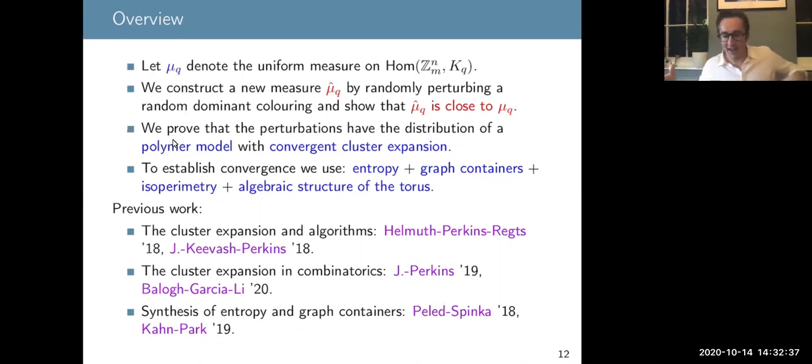Entropy and graph containers on their own have been used to study spin models on graphs in a number of different settings, but mostly they've been used quite separately, and this marriage of these two methods is fairly new and recent, starting with the work of Peled and Spinka. Okay, that's an overview. If there aren't any questions, I'll start talking about the proof a little bit.